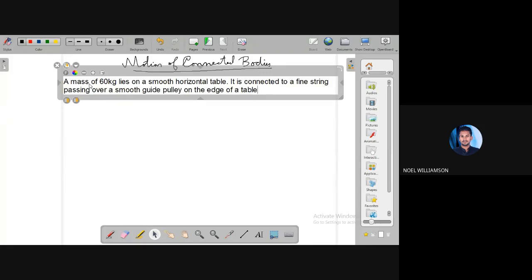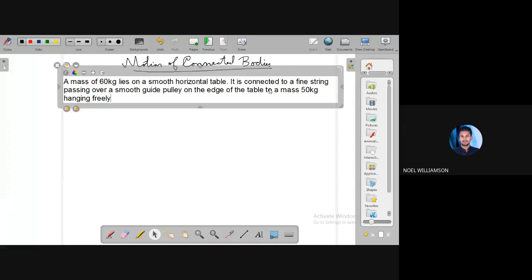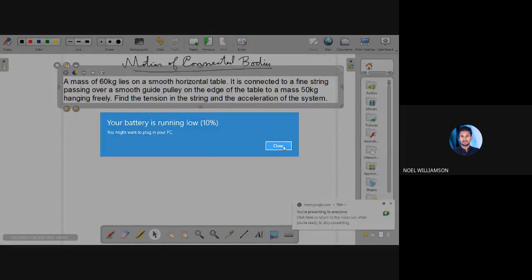to a mass 50 kg hanging freely. Find the tension in the string and the acceleration of the system. So this is the question.